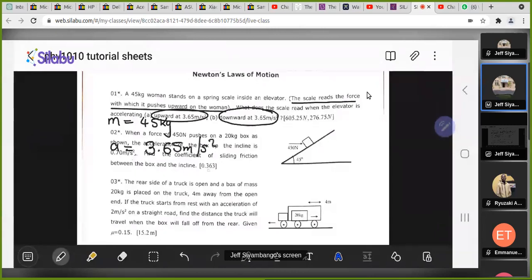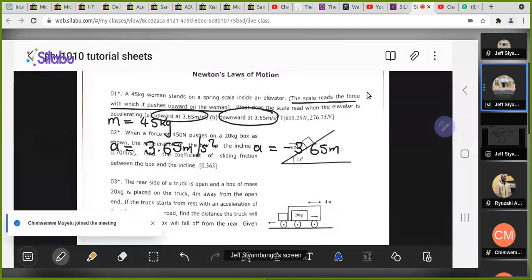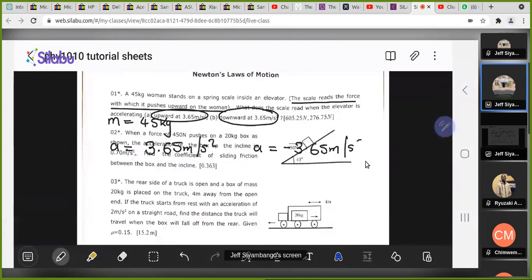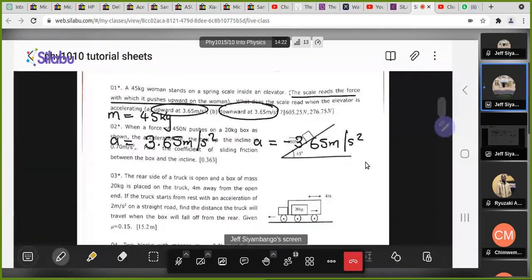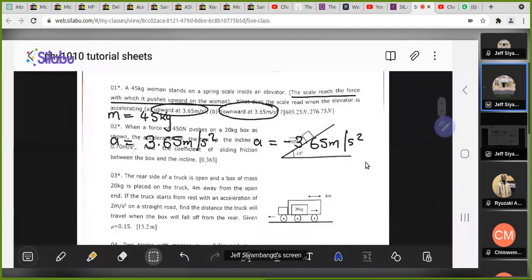And if the elevator is accelerating downwards, then the acceleration is minus, because it's going downwards, so minus 3.65 meters per second squared. So this is the acceleration when the elevator is going up and when it is going downwards.